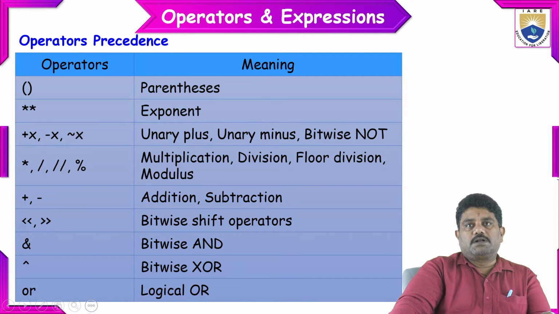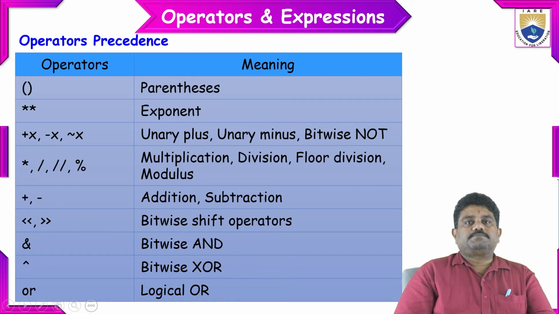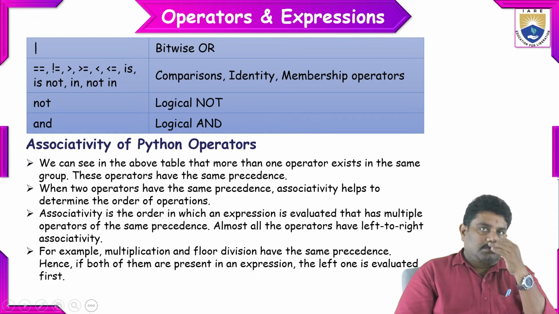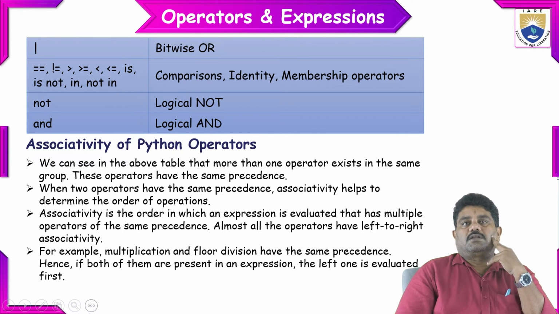Next, multiplication, division, floor division, modular division operators, and then addition and subtraction. After that, bitwise shift operators, then bitwise AND, bitwise XOR, and bitwise OR, and then assignment operators, comparison, identity, membership operators. Next logical NOT and logical AND.